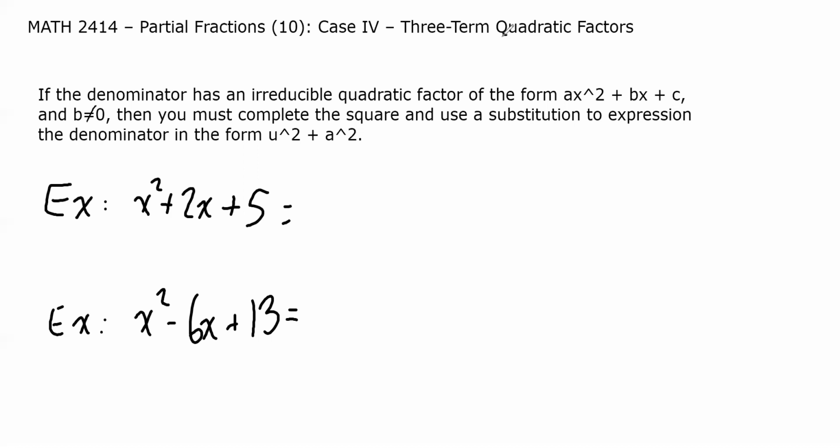Second reason that I'm choosing this instead of repeated quadratic factors is when you solve for the unknown coefficients, the unknown numerators, with repeated quadratic factors, at a minimum, you're solving for 4 unknowns. Because if you have a repeated quadratic factor, it has to be there at least twice, and each fraction's numerator, being a linear numerator, would have a coefficient in front of x and a constant term.